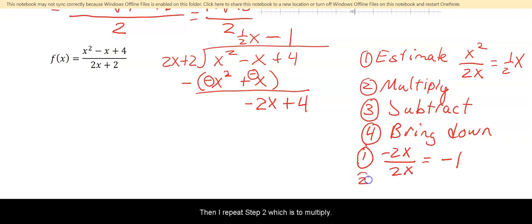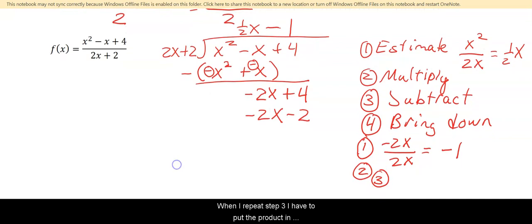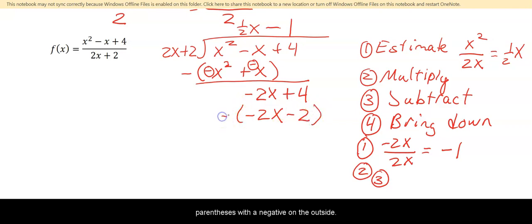Then I repeat step 2, which is to multiply. Multiplying negative 1 by 2x gives me negative 2x. Negative 1 times 2 gives me negative 2. Then I repeat step 3, subtract. When I repeat step 3, I have to put the product in parentheses with a negative on the outside. Change the signs and circle them so you know which ones to use.